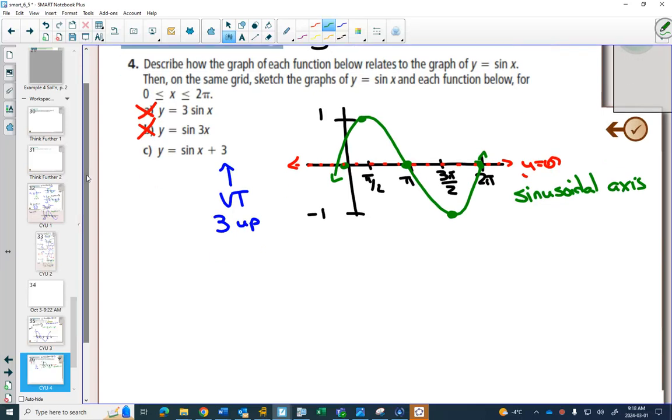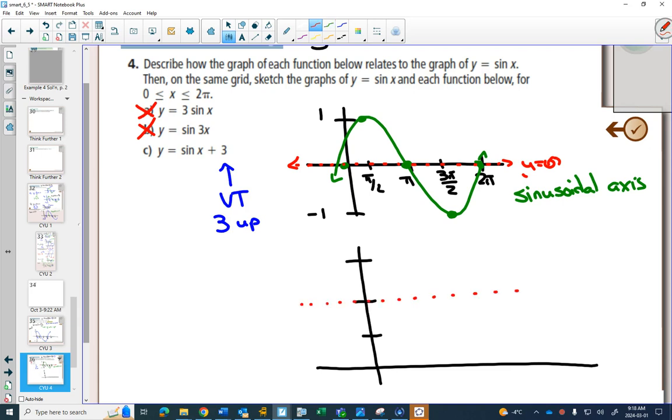So if we go 3 up, and this will be the shortcut, the shortcut for your d values is that now, and I'll do it with the red line, that sinusoidal axis moves. Sorry, I have no other good memorization technique for this one unless you call it the sinusoidal axis. Maybe it helps you remember that your d value affects that.